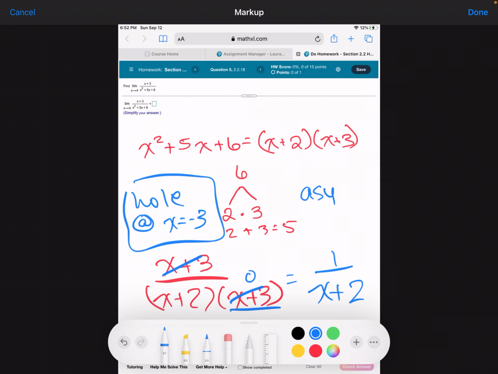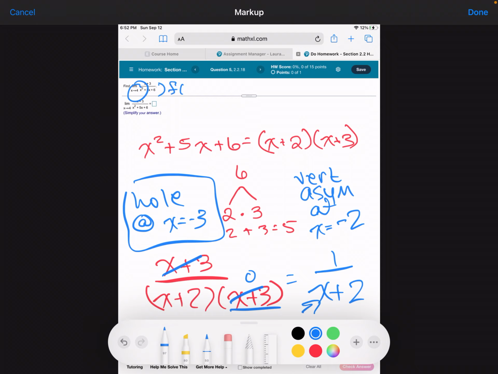And there's an asymptote. This is a vertical asymptote at x equals -2, which is what makes the one that's still there 0. But we don't care because we're looking at it at 4. If -3 was there, we'd have issues. If it was -2, we'd have issues. But we're plugging in a 4, so we don't care.